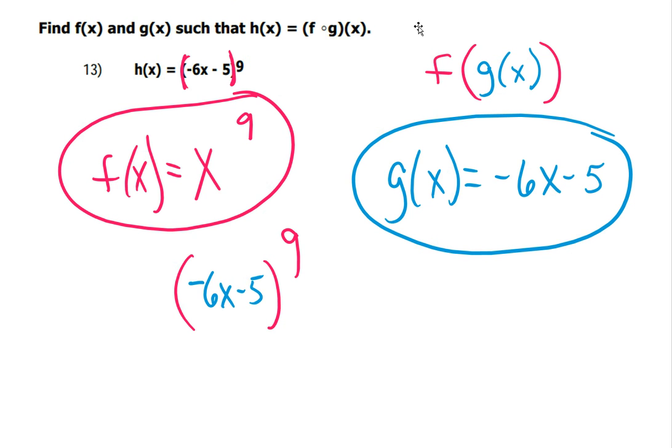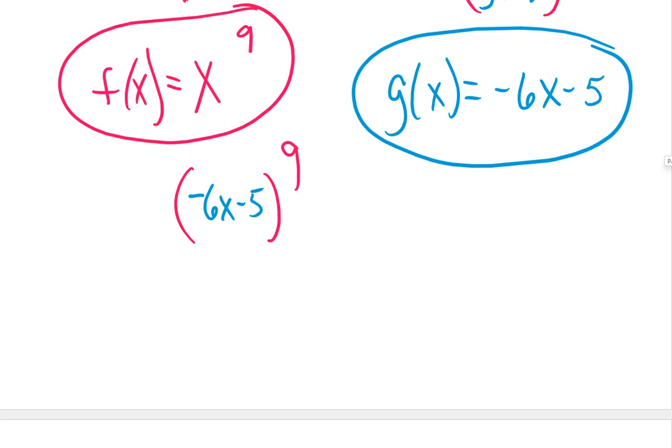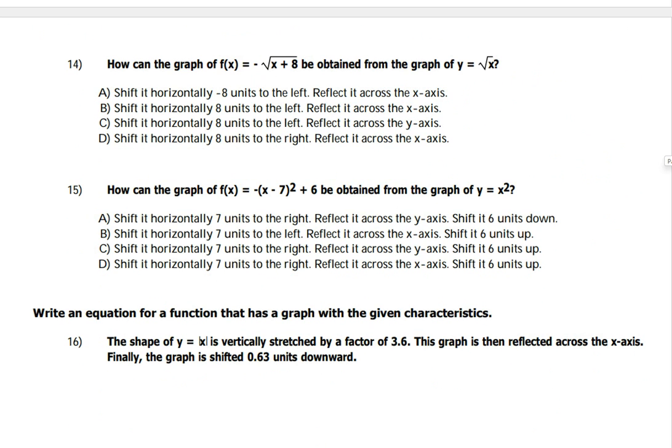Okay. Now for the next two, these are just multiple choice. I made it easy on you on these. It says, how can the graph of f of x equals a negative square root of x plus 8 be obtained from the graph of y equals the square root of x? Okay, starting with the plus 8, that is under the radical, so you have to see the opposite. Since it says plus 8, that means you're actually going to be moving 8 in the negative direction.